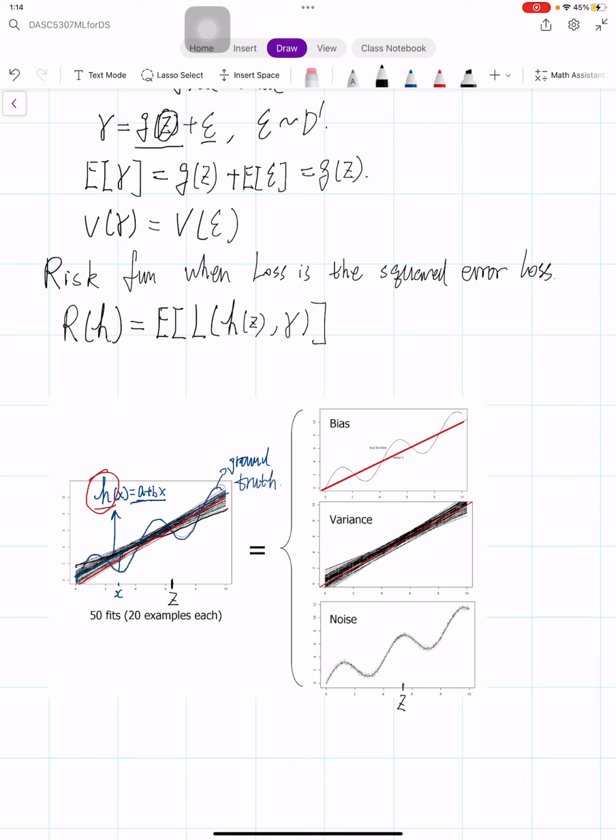Okay, so in this case, h is a random variable, gamma is random.